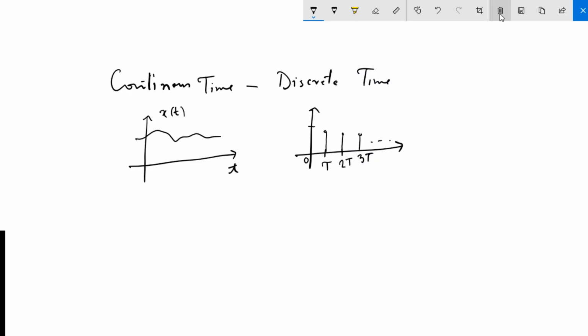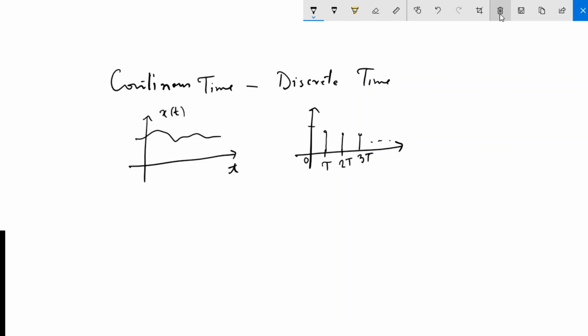The time axis is not continuous, it is discretized. So the signal values are available only at particular instants of time, not continuously. This is what is called a discrete time signal.